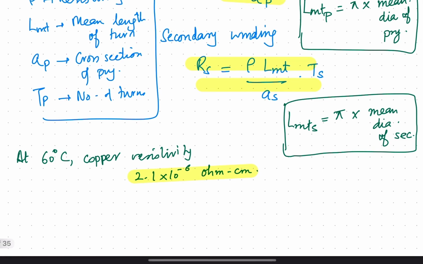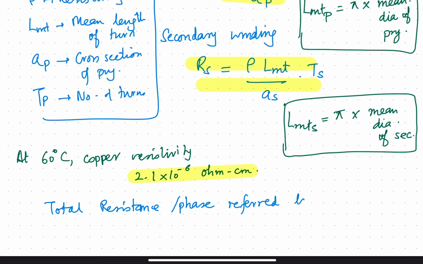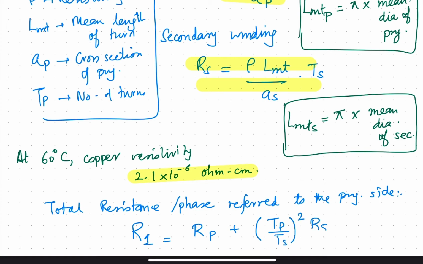So when you refer the resistance to the primary side, the total resistance per phase referred to the primary side, this is from your knowledge of machines, R1 is equal to Rp, which is the primary resistance, plus number of turns of primary by number of turns of secondary squared Rs.